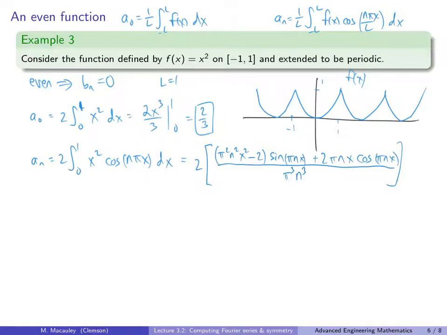Wolfram Alpha says plus a constant, but we're integrating from 0 to 1, so let's put 0 here and 1 here.